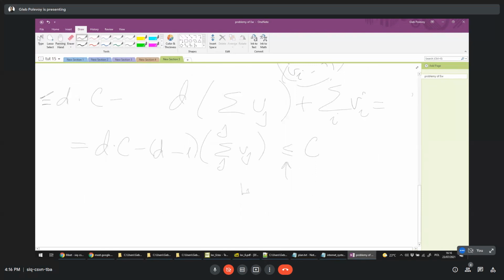Yes. Left to prove. Now, why is that the case? Because that is at most C if and only if, move C to the left-hand side and move this thing to the right-hand side.